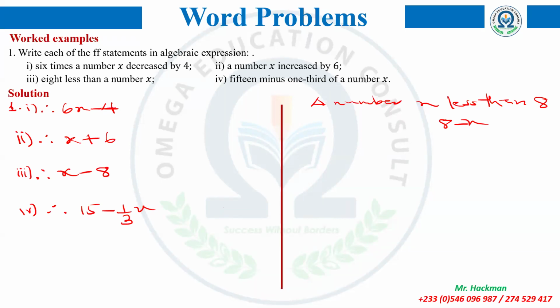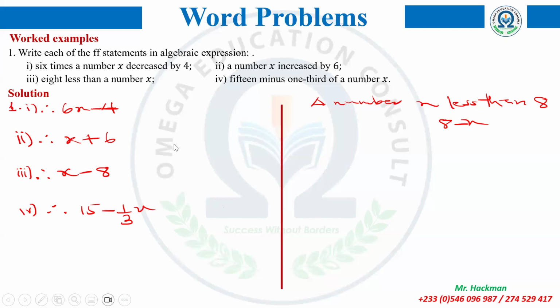Yes, please. Okay, Prof. Frank. Please, for one, I just wrote x over 3. That's okay. Which one? For IV. Yes, you can. It's the same as x over 3, but you should know that it's the same.